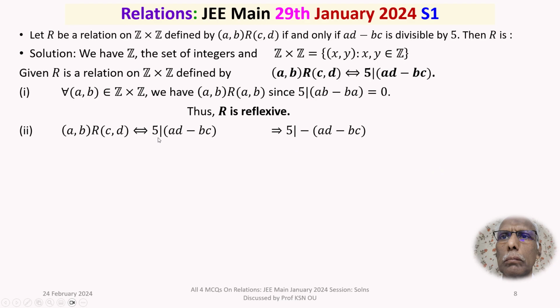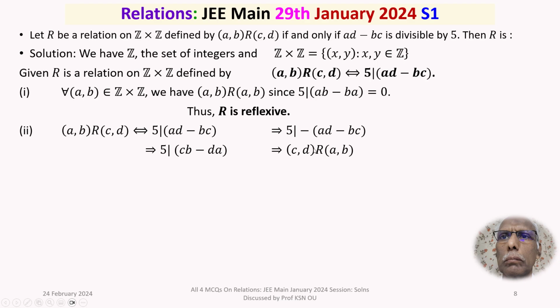This implies 5 divides CB minus DA. So that means C comma D is related to A comma B by the relation R.